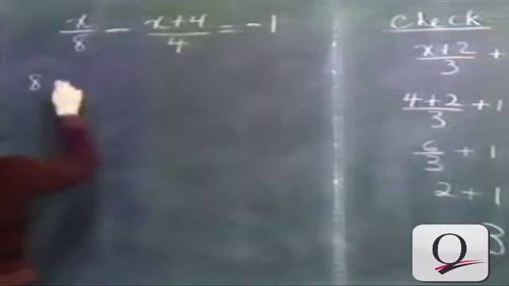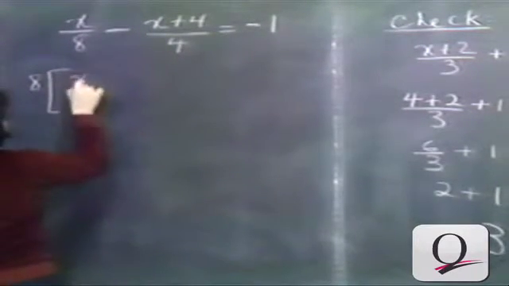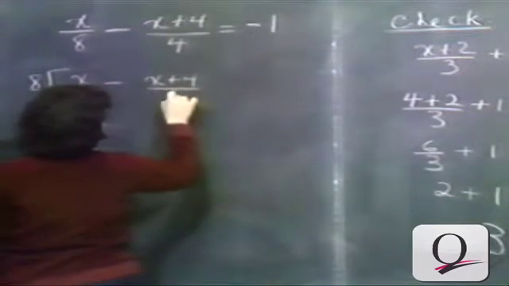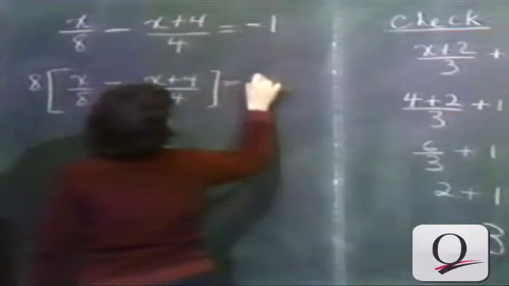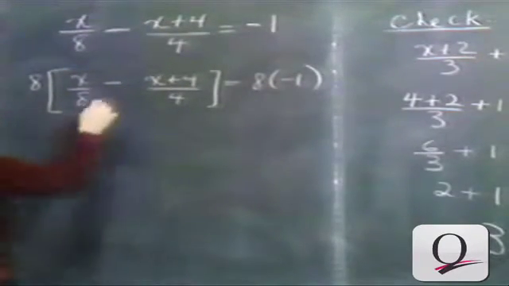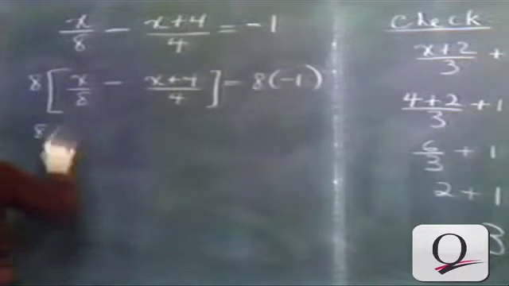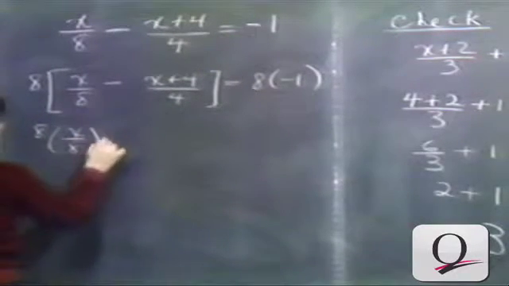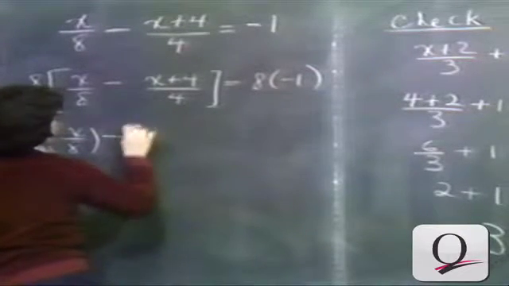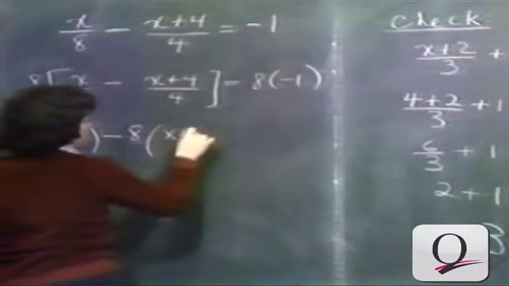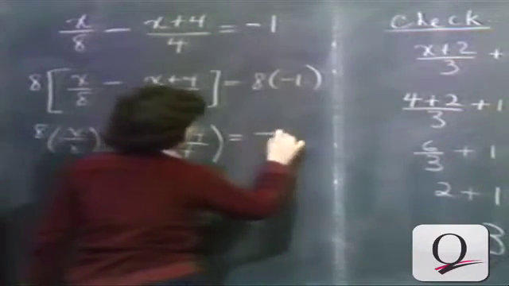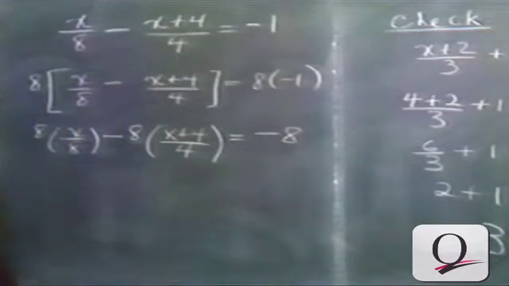Okay. 8 times x over 8 minus x plus 4 over 4 equals 8 times minus 1. Now using the distributive law, 8 times x over 8, take away 8 times x plus 4 over 4 equals 8 times minus 1, or minus 8.